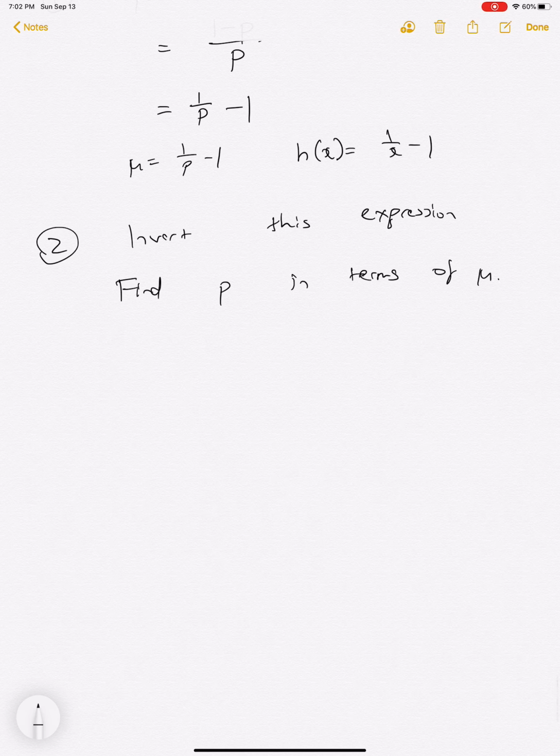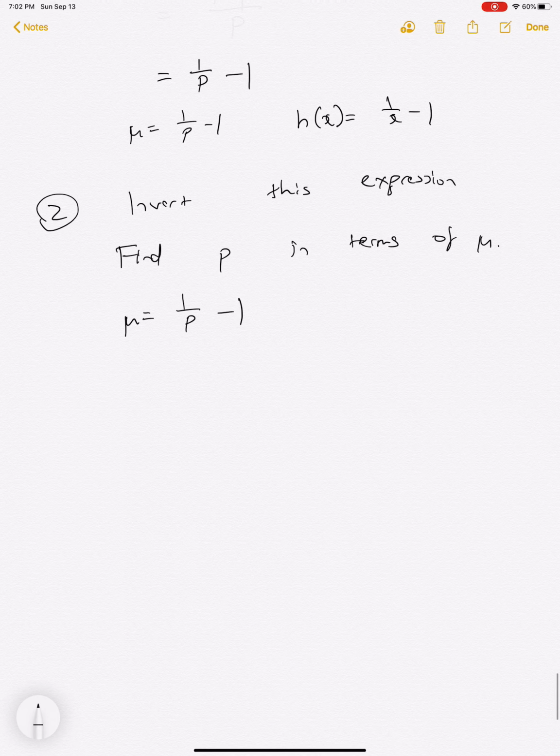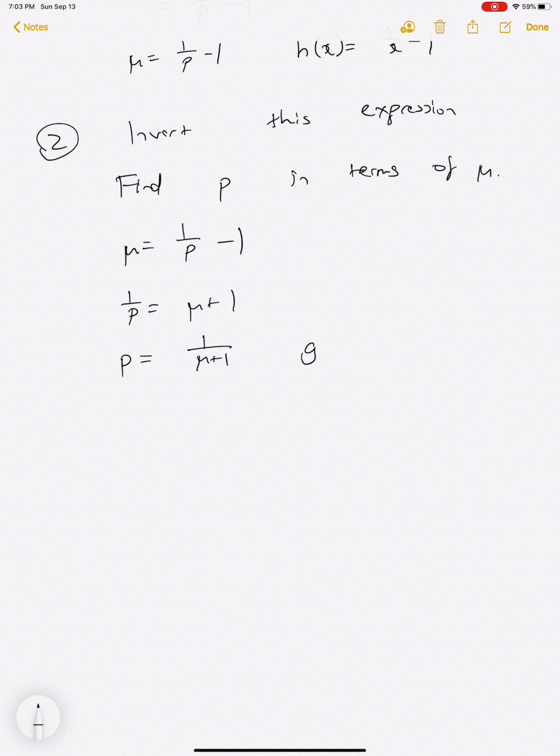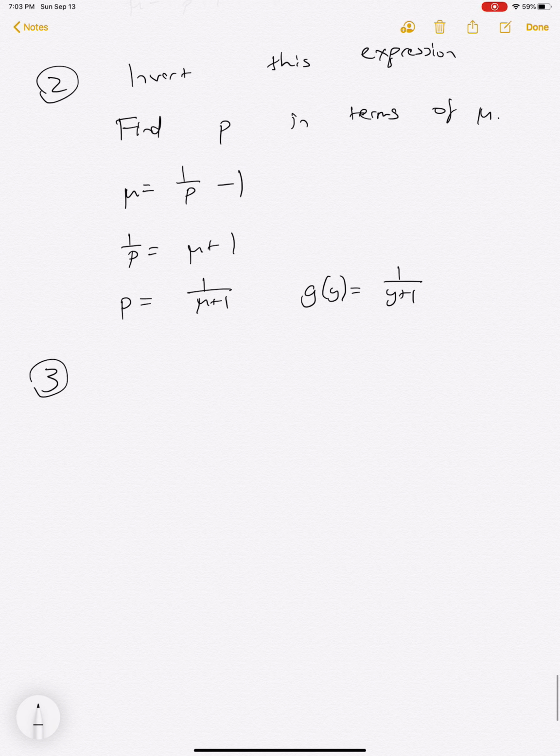There are a number of ways you can do it. I would typically do it by trying to put p on one side. So 1 over p equals mu plus 1, and then p equals 1 over mu plus 1. So our g of y here is 1 over y plus 1. So by the method of moments, we just plug in mu hat wherever we see mu, so that p hat is equal to 1 over mu hat plus 1, which equals 1 over x bar plus 1.